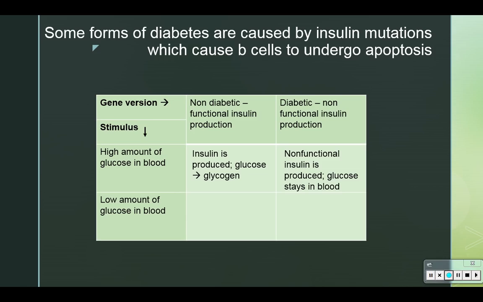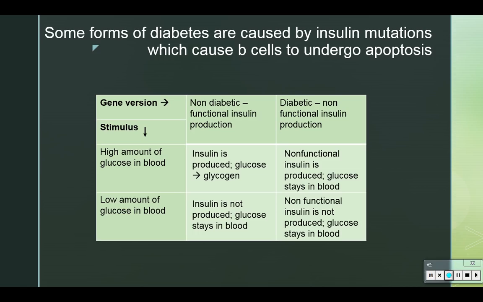And that's when they talk about high blood sugar. If you are not diabetic and you have low amounts of glucose in your blood, insulin is not produced so that the glucose stays in your blood. And in fact, if your blood sugar is really low, then glucagon may be produced, and that would increase the amount of glucose in your blood.